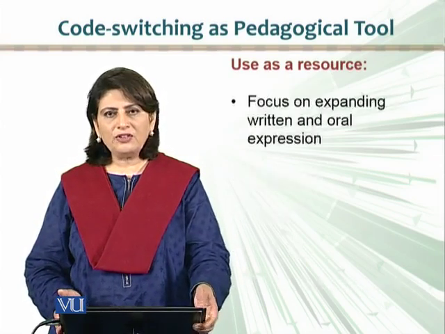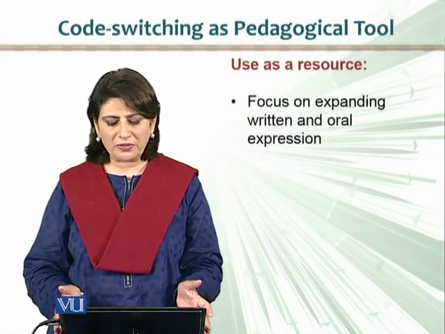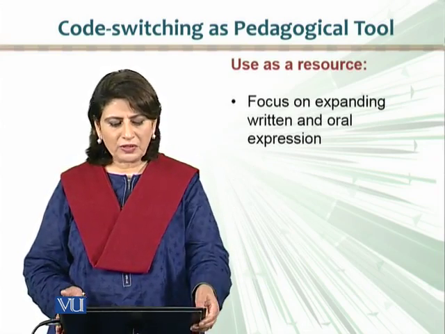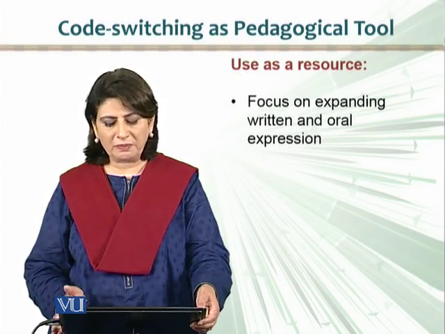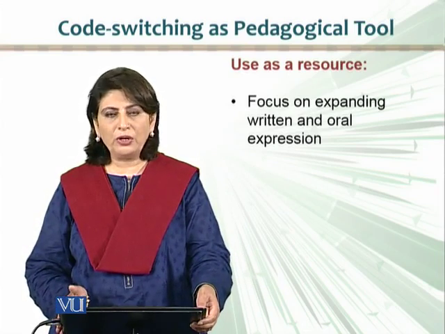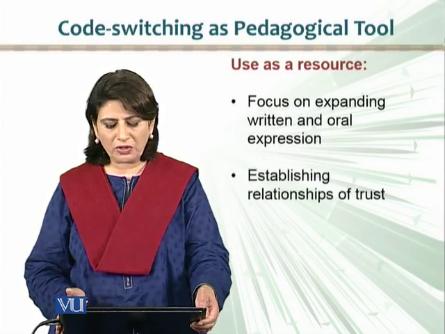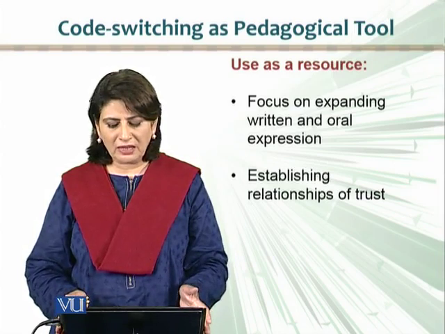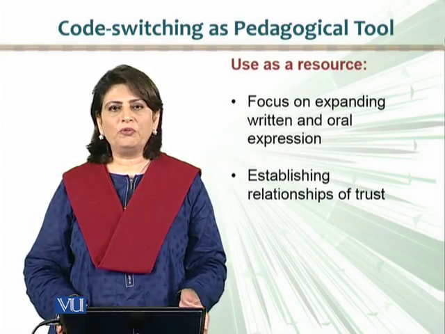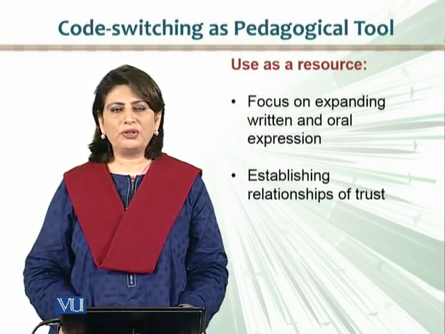And this is essentially a sense-making process. So we need to use it as a resource. We need to focus on expanding written and oral expression using code switching. Very helpful there, and we'll talk about how it happens. And it is also very helpful in establishing relationships of trust.